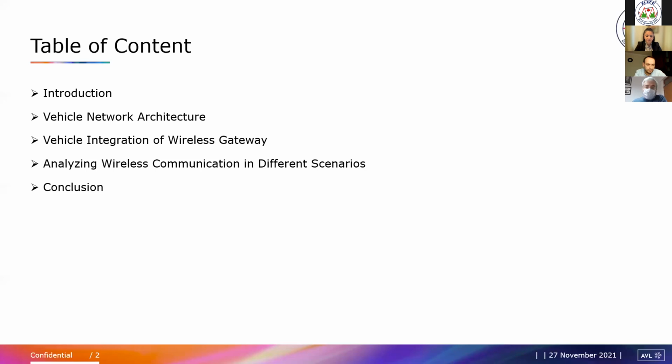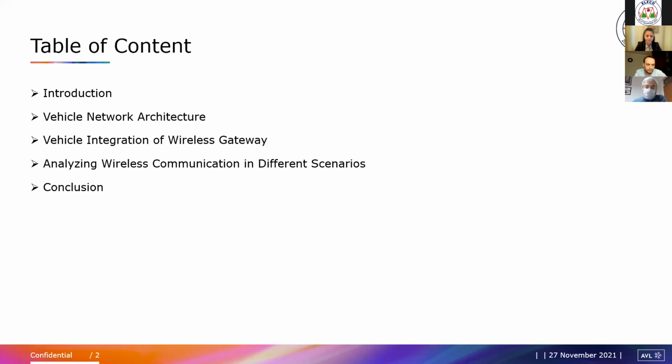Today's content contains 5 different topics. I will start with the introduction to present my goal of the research and also the main idea of electric vehicles. After that, I will introduce the vehicle network architecture that we were using in this project.